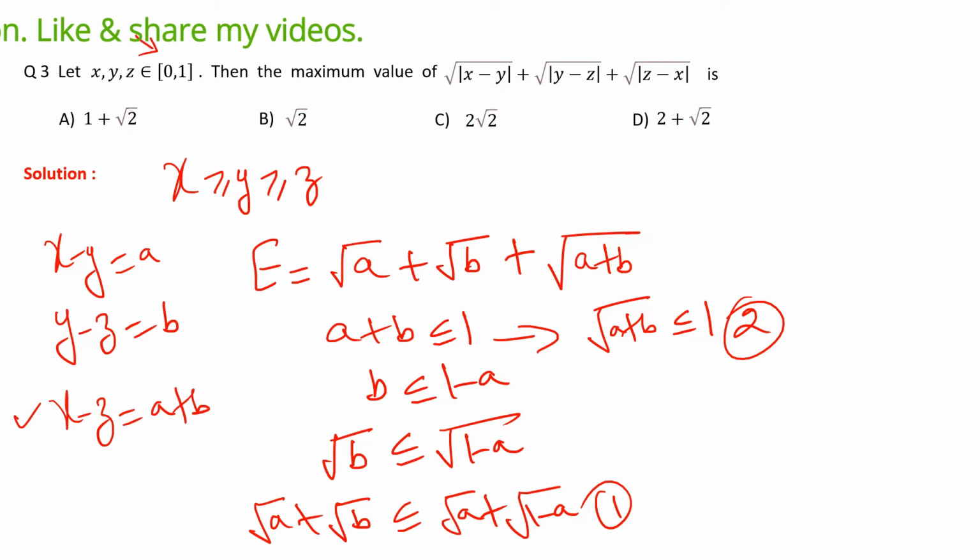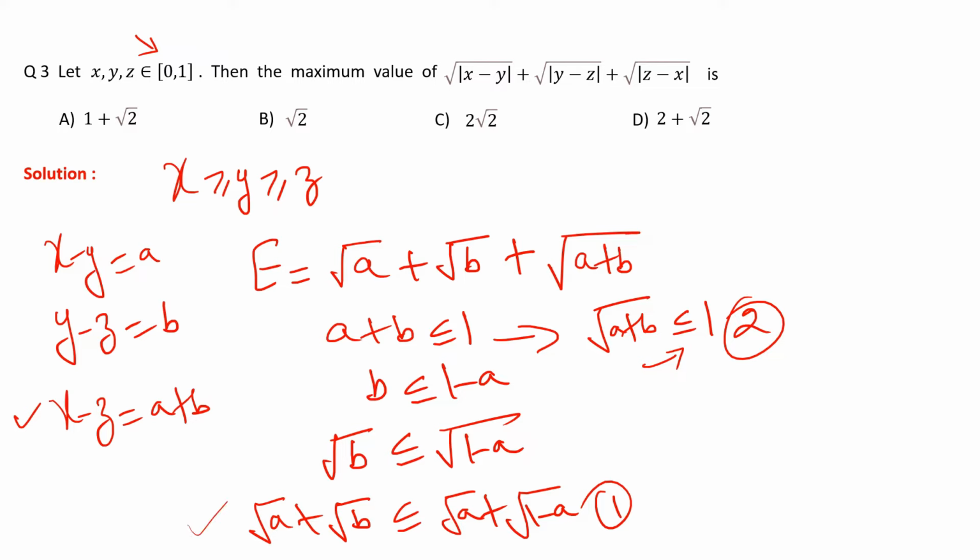Equality can only be attached if both of these inequalities turn into equality in the same situation. For example, it is happening here. In this particular second inequality, equality will hold when a plus b becomes 1. And you know that when a plus b becomes 1, then b will be equal to 1 minus a.